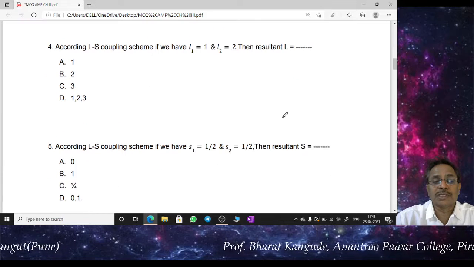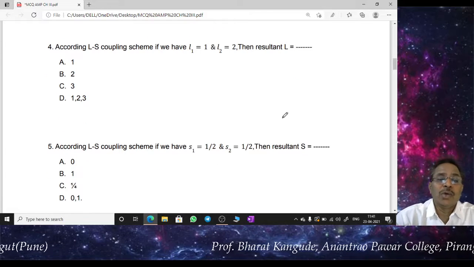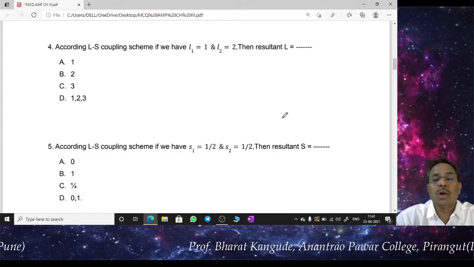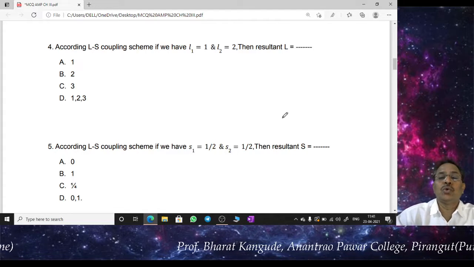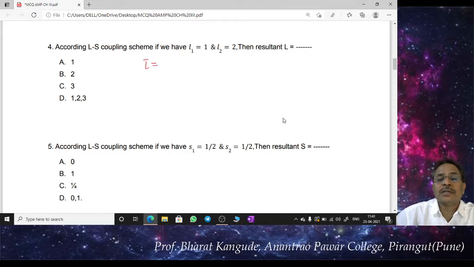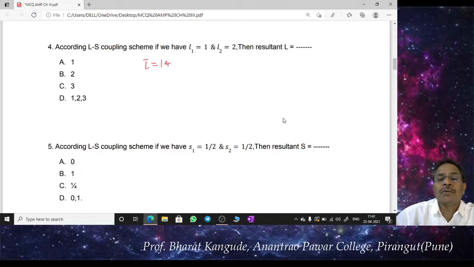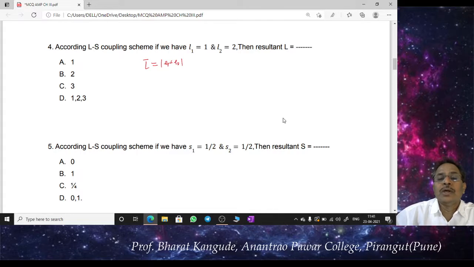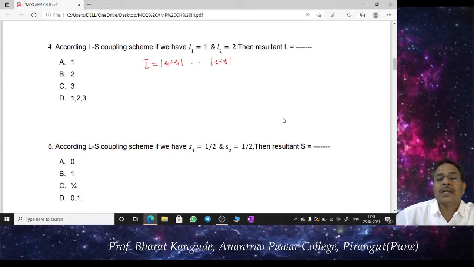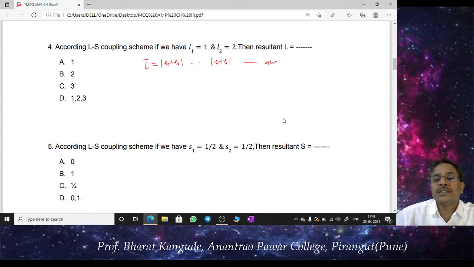So let's come to question number 4. According to the LS coupling scheme, these are the values given: L1 is equal to 1 and L2 is equal to 2. Then the resultant is given by modulus of L1 minus L2 up to modulus of L1 plus L2. And here we have to use the quantization principle.